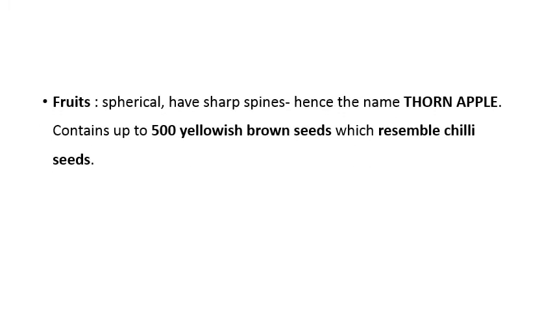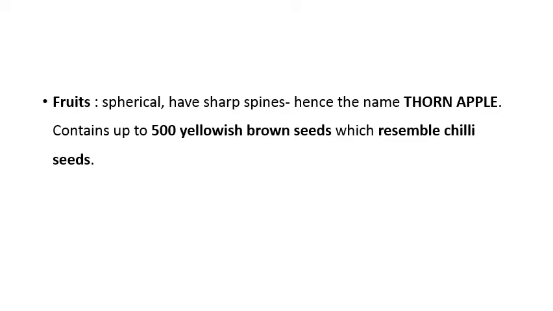Coming to the fruits, they are spherical in shape, they have sharp spines, and hence this Datura fruit also derives the name thorn apple. And when you cut open these fruits, you will see about 500 yellowish brown colored seeds, and these seeds almost resemble chili seeds, but there is a gross difference which I will be telling in my subsequent slides.